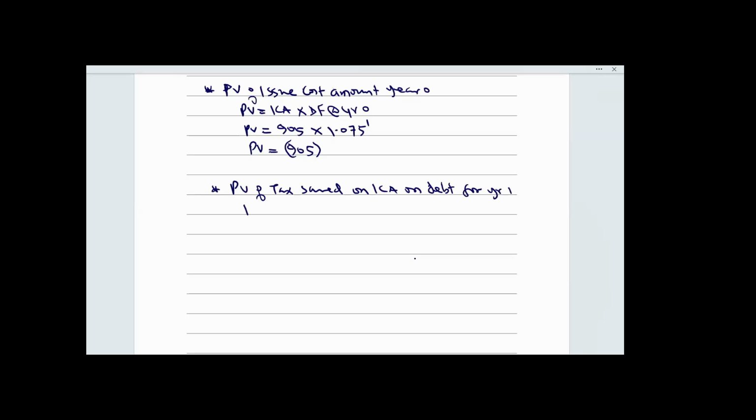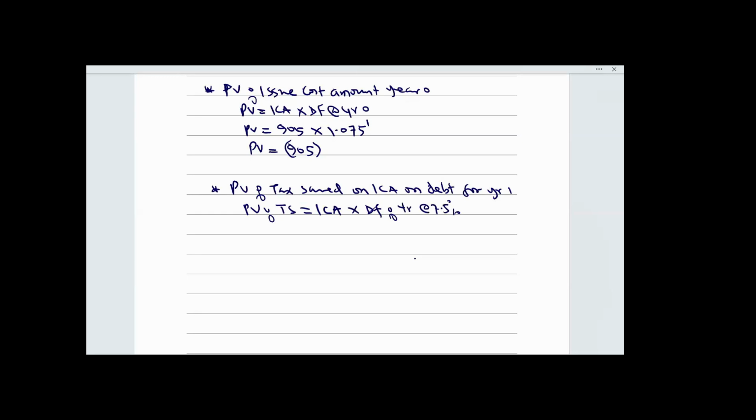So how do you do this? PV of tax saved will then be equal to issue cost amount on debt, ICA on debt, multiplied by discount factor of year 1. The discount factor of year 1 at 7.5%.